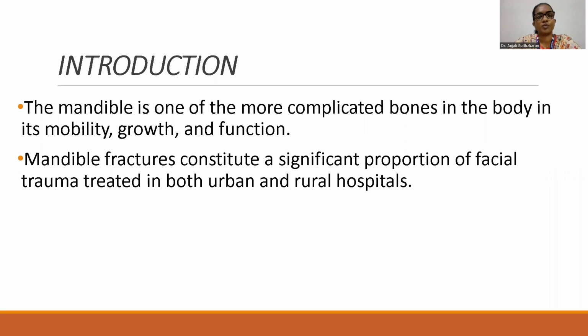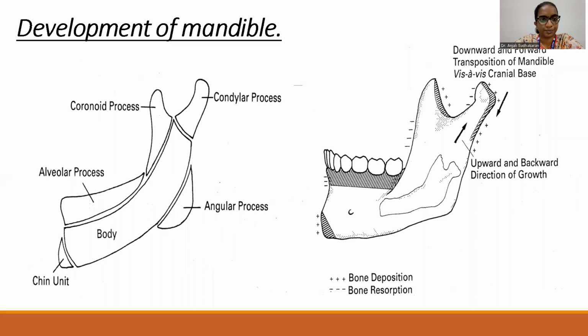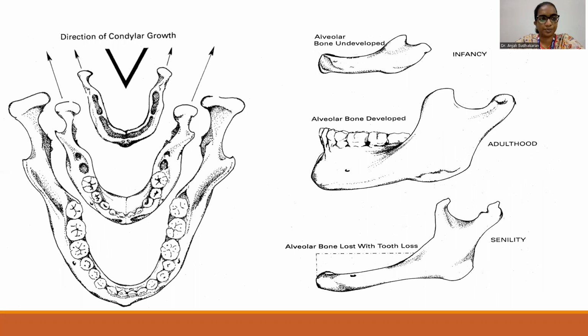Now, the mandible is one of the most complicated bones because of its mobility, growth, and function. The mandibular fractures constitute a major portion of fractures in the facial region. The mandible develops downward and forward from the condylar process. The condylar process is considered the growth center in the mandible, and it develops from the Meckel's cartilage.